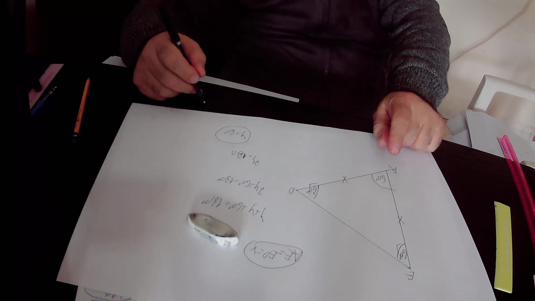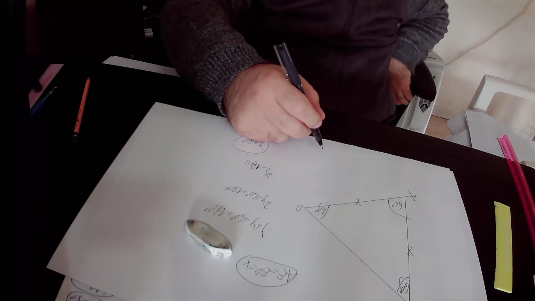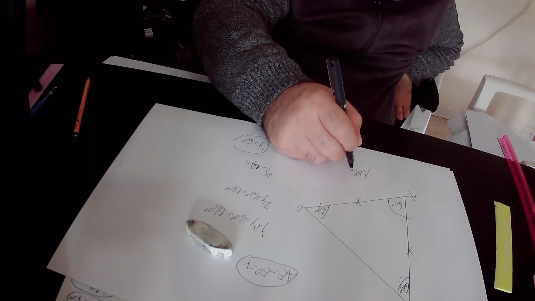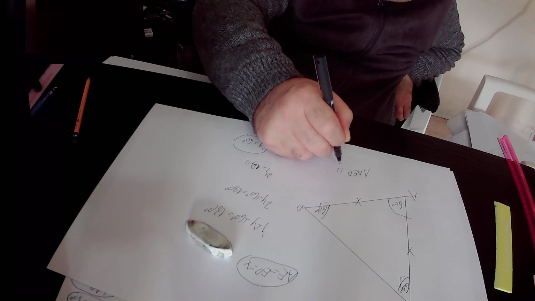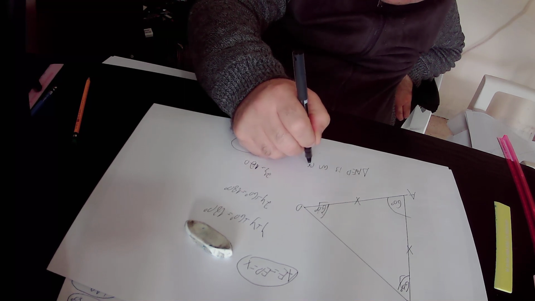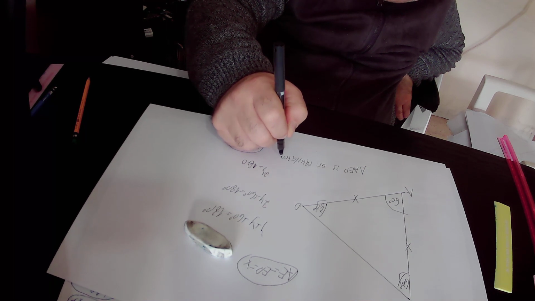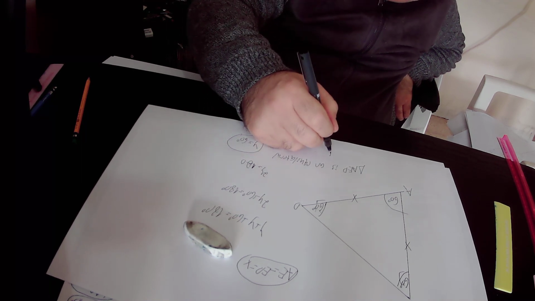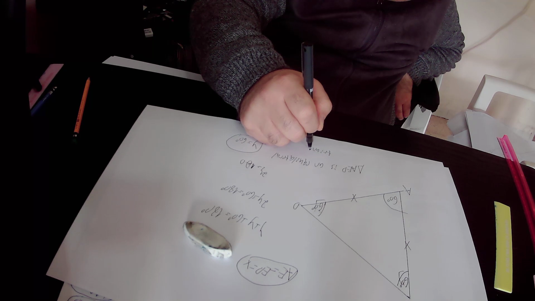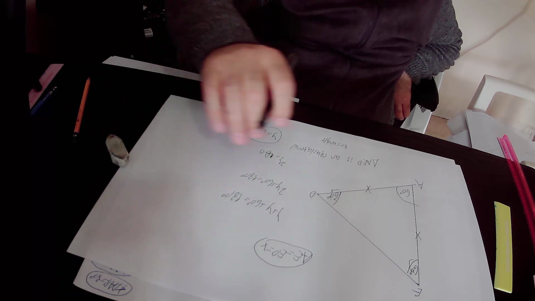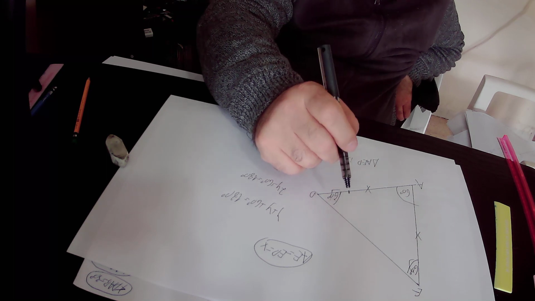So actually we found out that triangle AED is an equilateral triangle. That is to say, all of its sides are equal to each other.